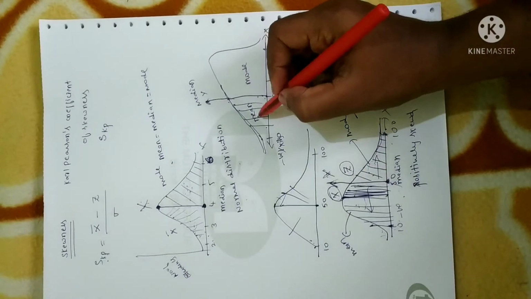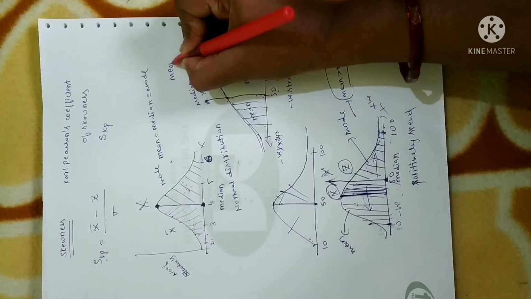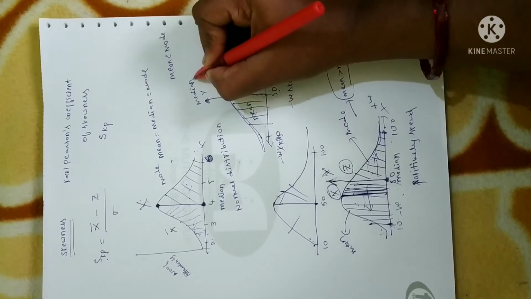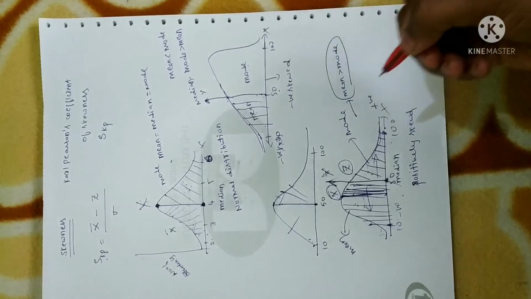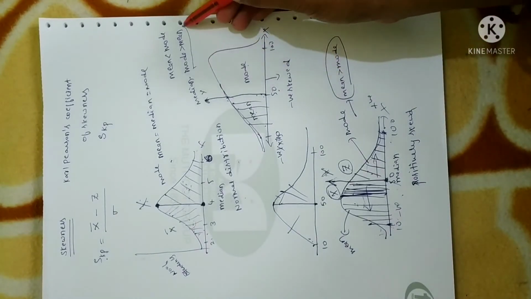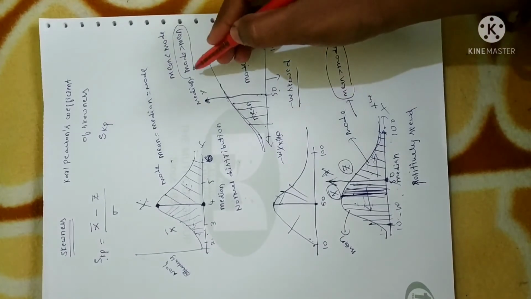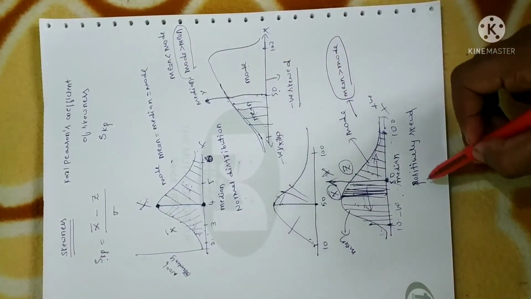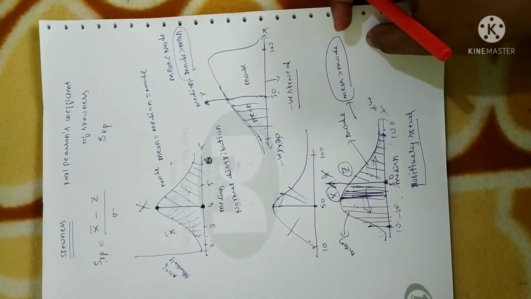In this case, you can clearly see that mean is less than mode, or else I can say mode is greater than mean. Fine. So you should remember this: when a curve is negatively skewed, mode is greater than mean. When a curve is positively skewed, mean is greater than mode. So you have to make a note of that.